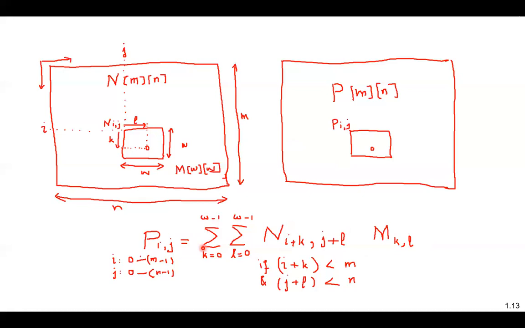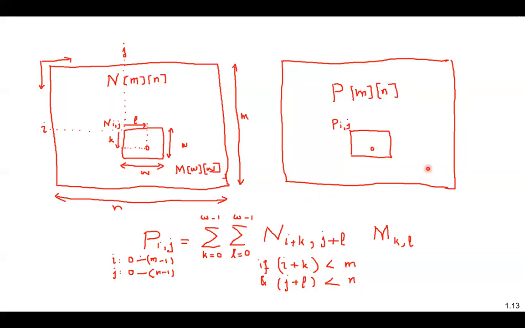Very nice. Here is the condition when you get into the ghost cell area. Your i plus k should be less than m. Wherever you put your mask, if the mask goes somewhere here, then i plus k will fall out in this zone. So it should be less than this. If it goes out, you don't calculate.